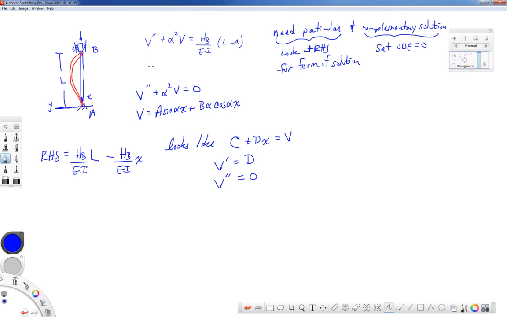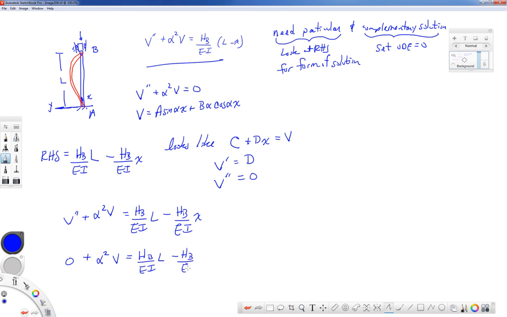So if I apply my differential equation up here, V double prime plus alpha squared V is equal to HB over EI times L minus HB over EI times X. If I put in 0 for V double prime plus alpha squared times V, in this case, I can solve for V directly by dividing by alpha squared.